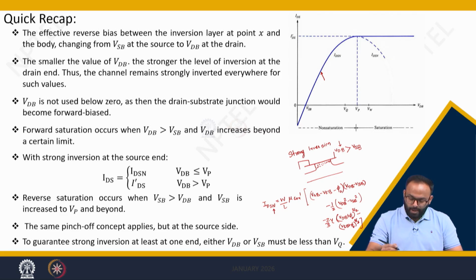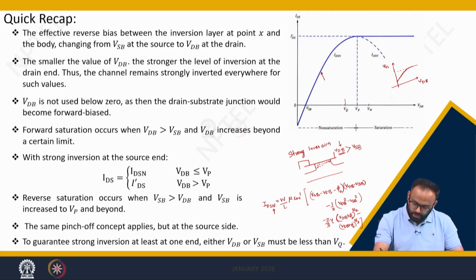Then we said what will happen if VDB is increased beyond a value of VQ, meaning at this value my surface potential approximately gets pinned, because as VDB increases the surface potential psi SL shows this trend. So this is the value of VW and this is the value VQ.